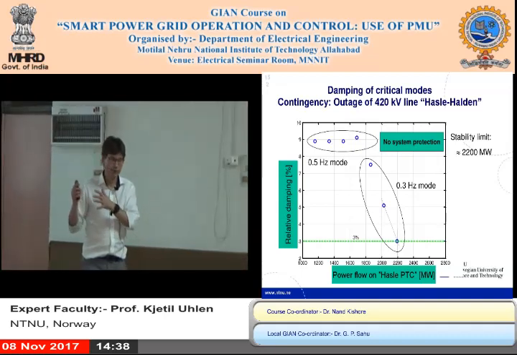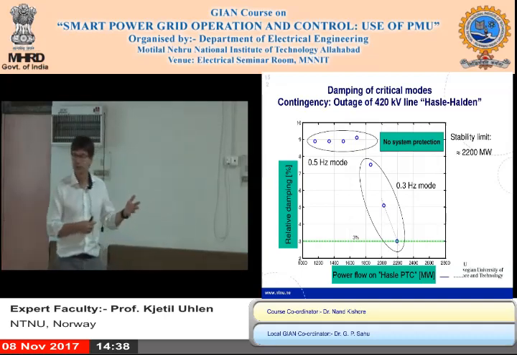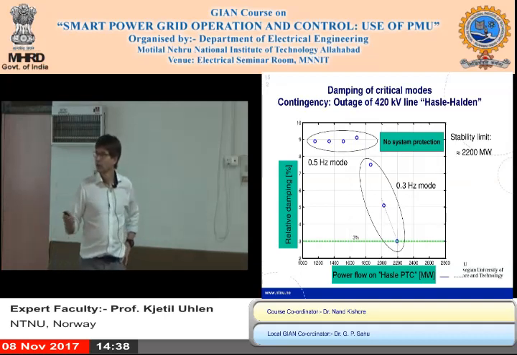Now we're talking about computer analysis. Later we will see what we can do also online with phasor measurements. But what you want to do to assess where the limit is, is to increase the transfer in some natural way on the corridor and see where the eigenvalues move.